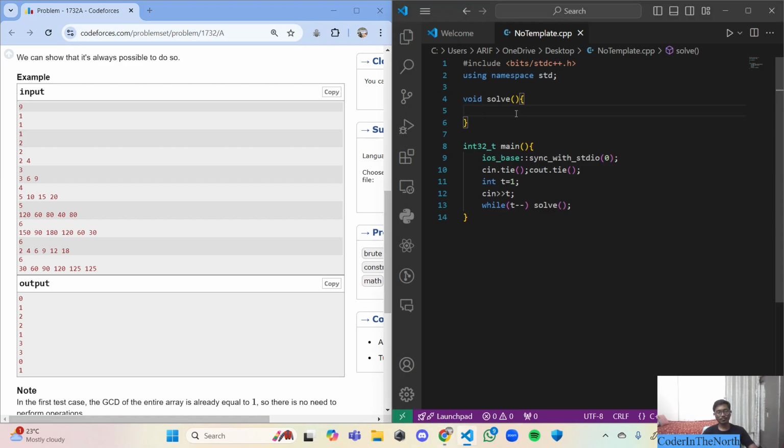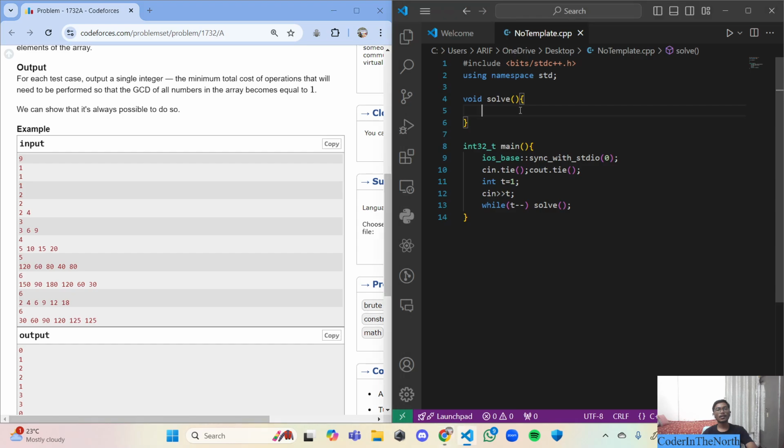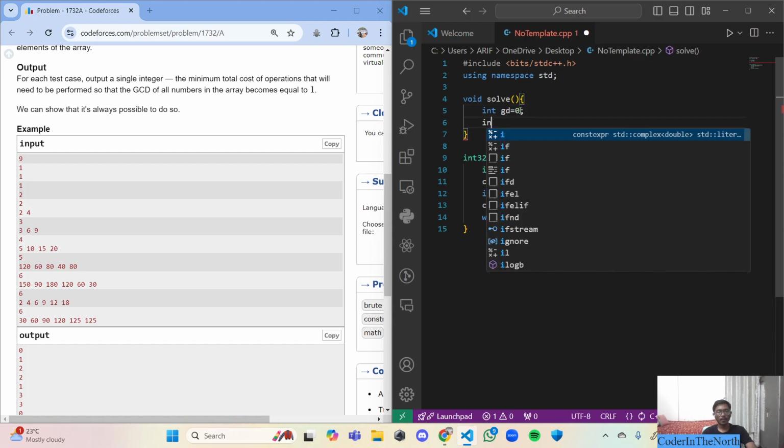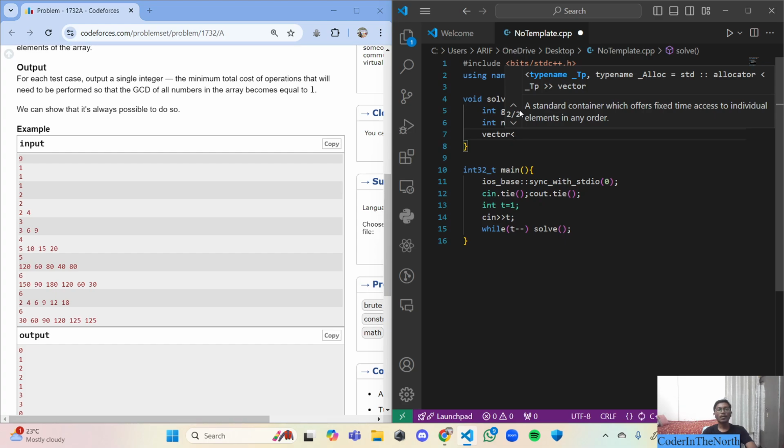See, the range is 10 raised to 9, so I can take int here. So int GD equal to 0, int n, cin n.